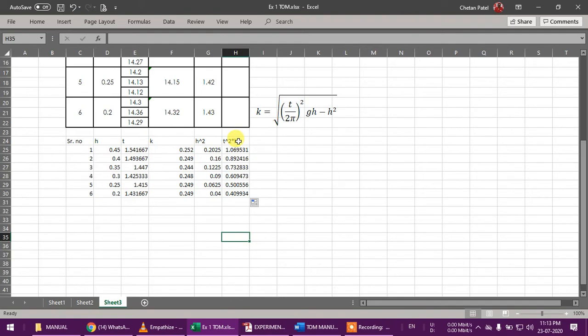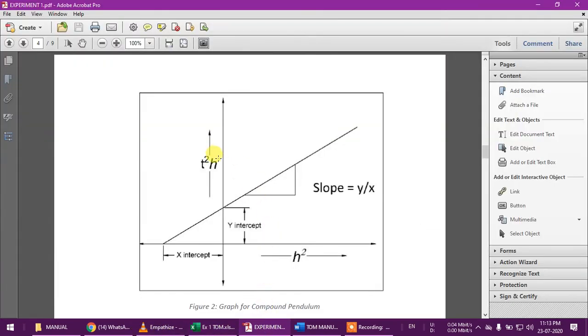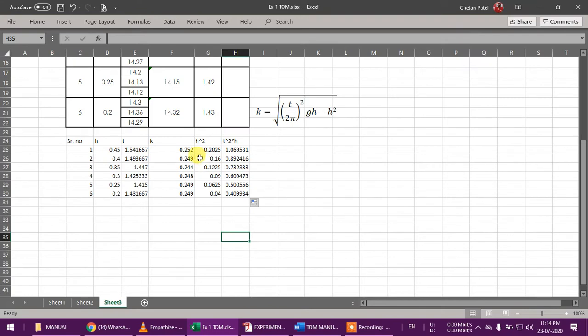So we need to draw two graphs, one t square h versus h square, so this is x, and that we already know. Then when we speak of t square h versus h square, this is to be taken as y and this is to be taken as x, but in Excel x should be first, so this is x and this is y. Similarly we need to find the graph between t versus h, so h is x and t is y.